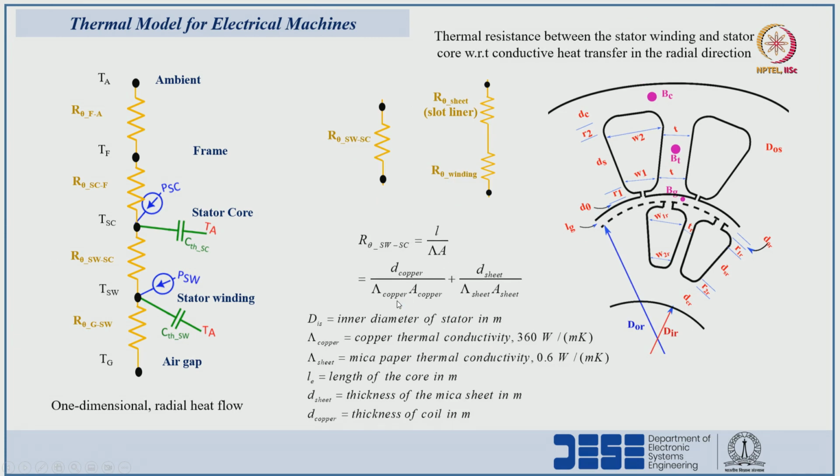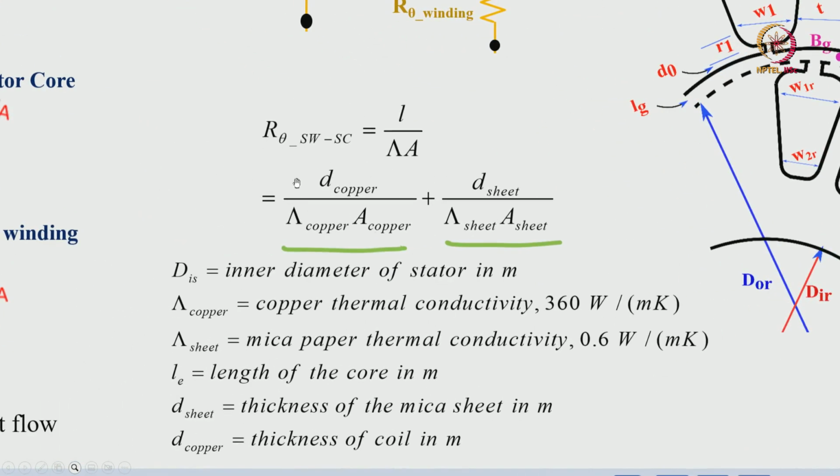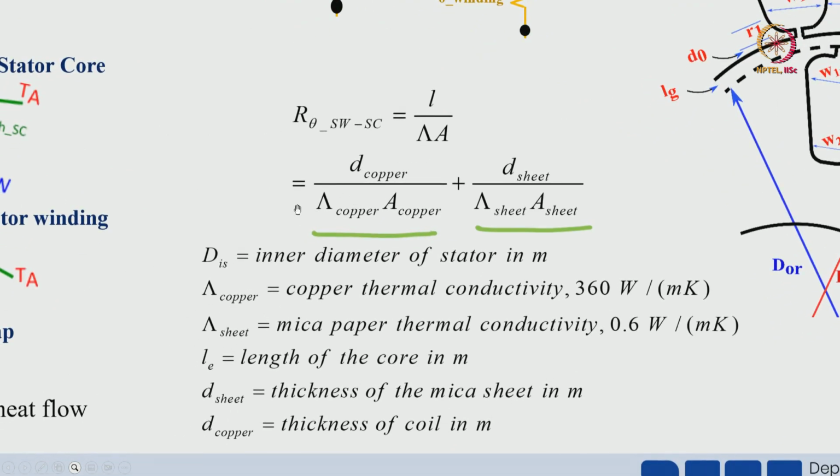We can see here, this is the thermal resistance with respect to the winding and the thermal resistance with respect to the slot liner, and D copper represents the thickness of the winding, and lambda copper represents the thermal conductivity of the winding, and the area of the winding.